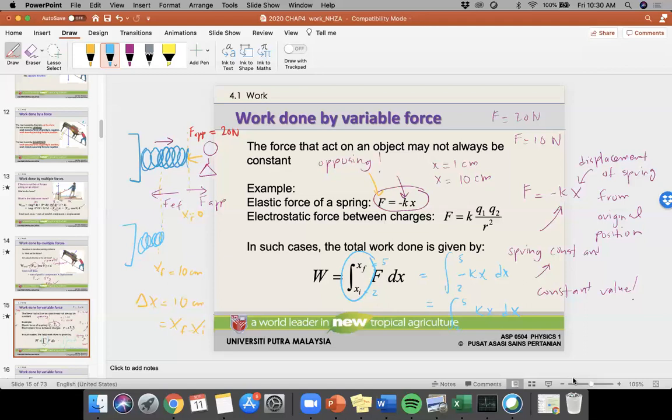Doctor, that means elastic force is always negative, is it? Yes, if your displacement is negative, then your force is in the positive direction. Betul tak? Displacement ada direction. Kalau kita punya displacement positive, okay, let's see.